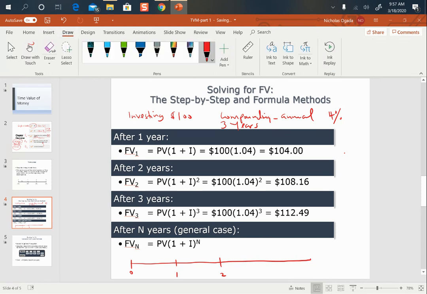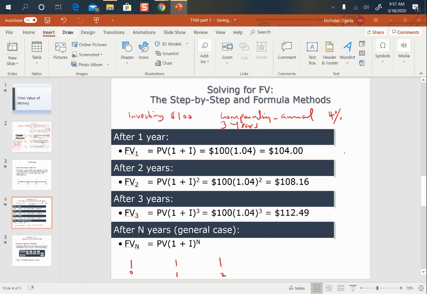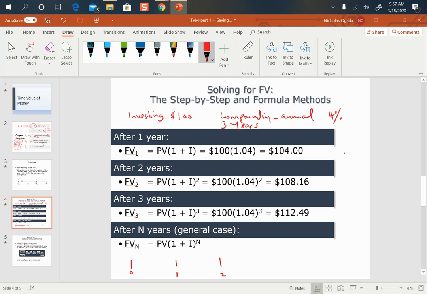So at year 3, how much is your future value going to be? Today, you're investing 100. In terms of the time value of money, any investment you undertake, we always use a negative 100 because it's a cash outflow. So we indicate that with a negative 100.